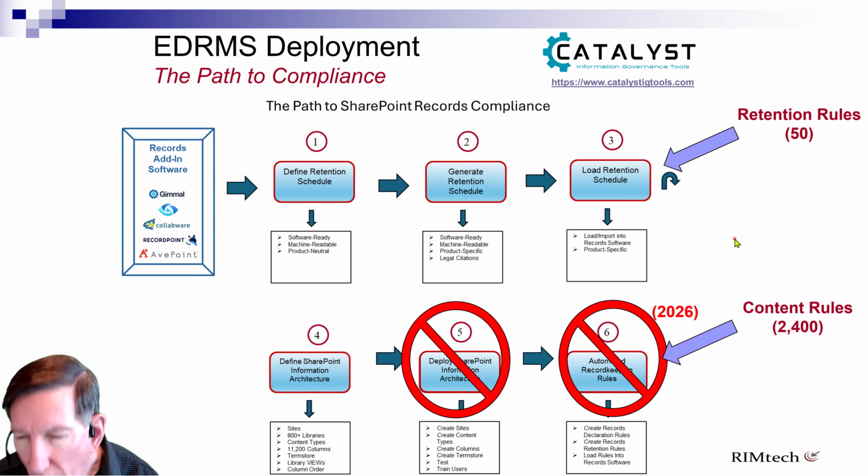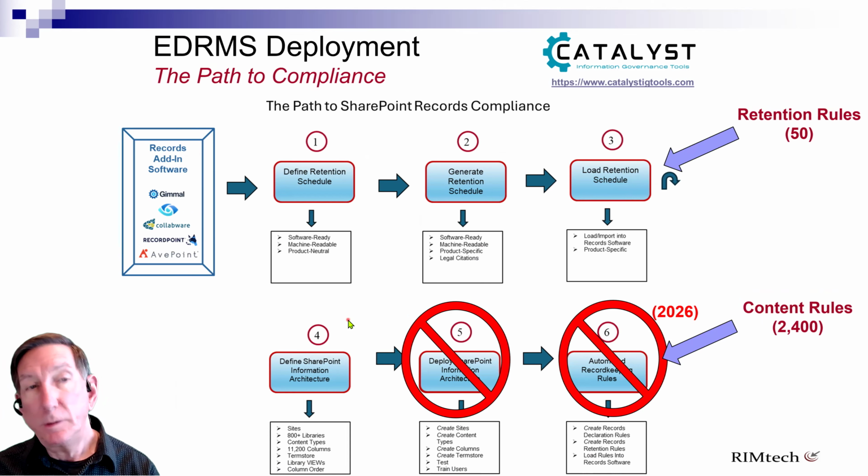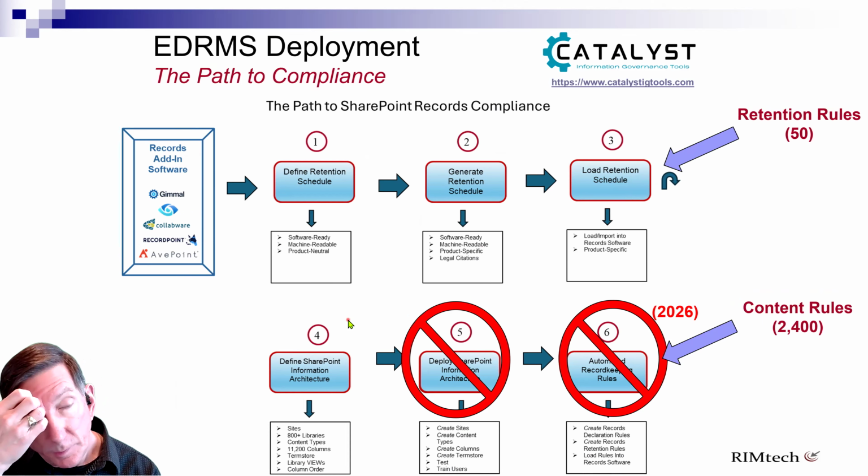So what we've done with our Catalyst tools is we have pretty much automated step 5. So we can take a year or 2 right off your project completely by automating step 5. And we're now working on automating step 6, which will probably come in late this year, which will take another up to certainly 6 months off of your schedule.